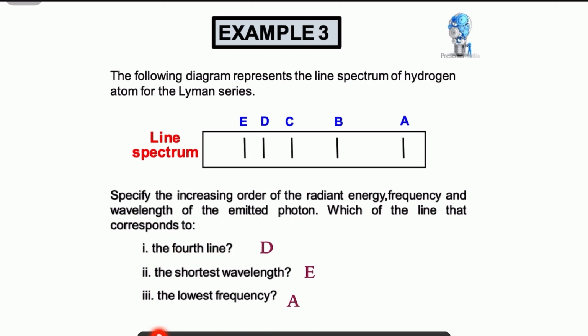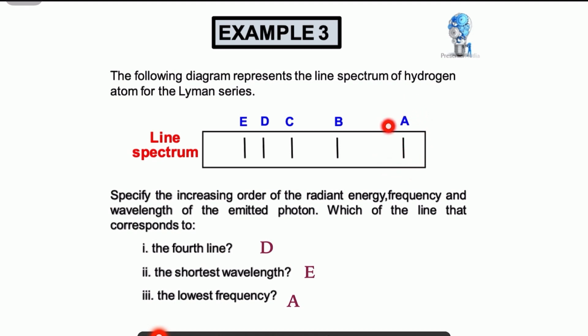The farthest line, I told you, is the first line. So this is the first line. For the Lyman series, the first line refers to the transition of an electron from n equal to 2 to n equal to 1.